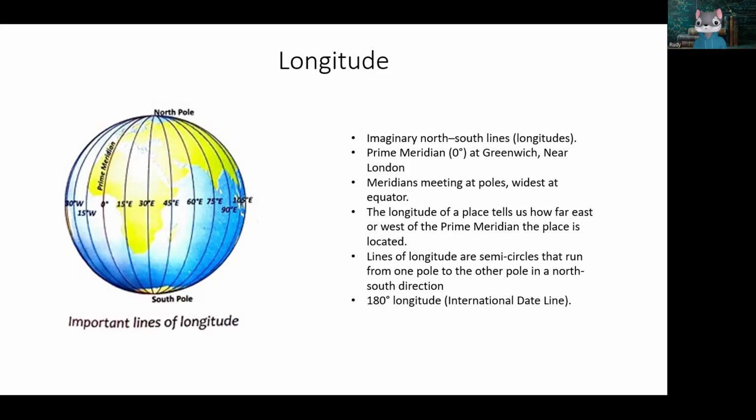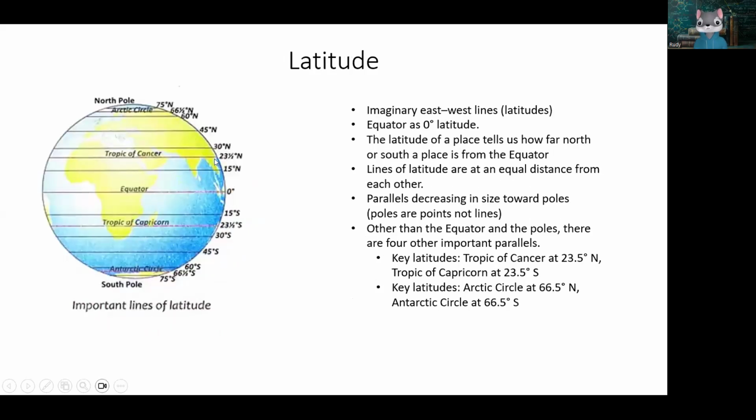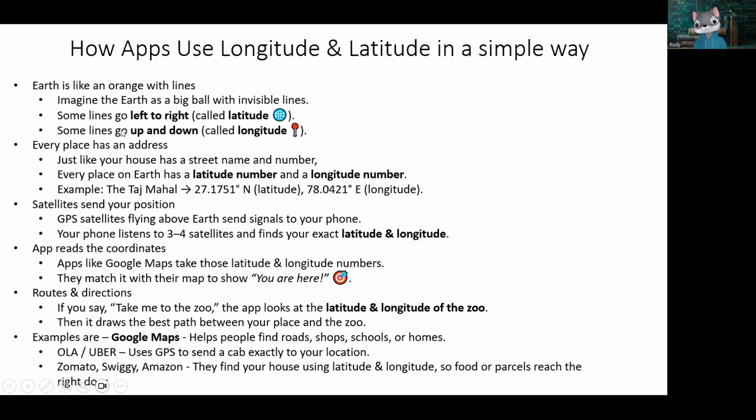The 180-degree longitude line is the international date line. There are a total of 360 lines of longitude, 180 west and 180 east, and there are 180 lines of latitude, 90 in the southern hemisphere and 90 in the northern hemisphere.